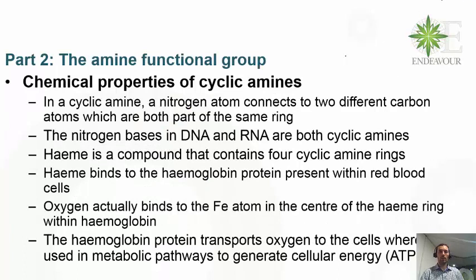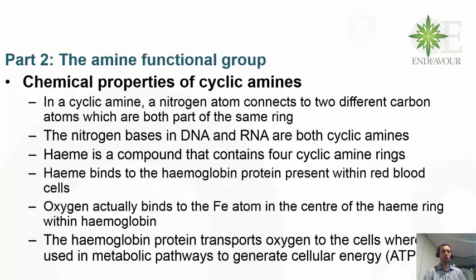We also had a look at cyclic amines, which is where we have the nitrogen within a ring structure. So we've got the nitrogen atom bonded to 2 different carbon atoms, which are part of the same ring. Some quite famous cyclic amines include the nitrogen bases within DNA and RNA, and also stimulants like caffeine and nicotine.